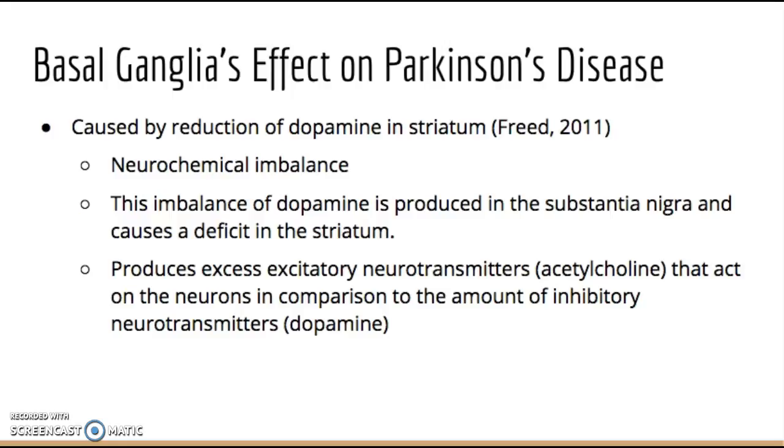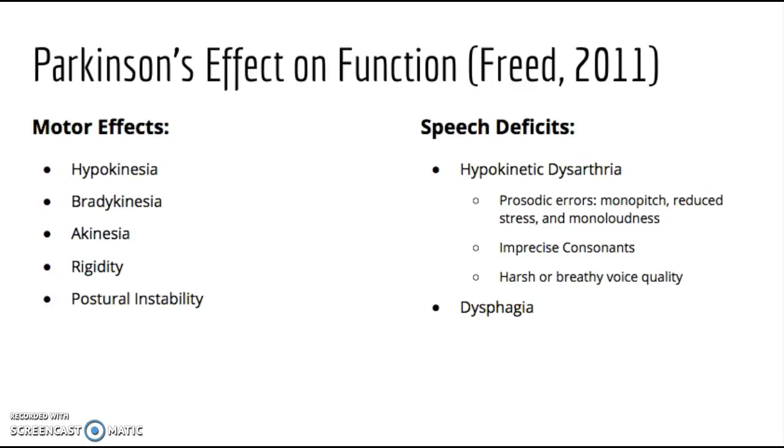This neurochemical imbalance is further explained by the basal ganglia producing excess excitatory neurotransmitters, which is the acetylcholine, that act on the neurons in comparison to the amount of inhibitory neurotransmitters, which is the dopamine. This reduction of dopamine leads to several different deficits, specifically in motor movements as well as speech and swallowing deficits.